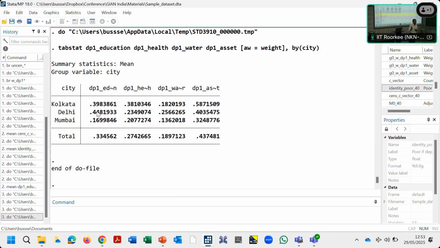You could do it separately. If you can give me the if command and all, however you do, this is what you're going to get. You can write mean for variables, weight, if city equal to 1, if city equal to 2, you can get them as well. But in the abstract, you just get it in one go, the overall as well as across different cities.